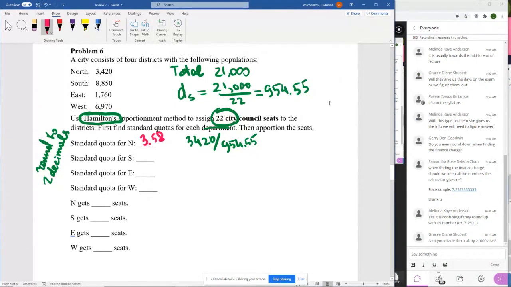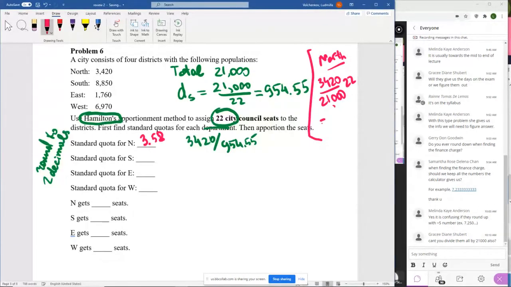If you prefer to use the Hamilton method in another way, as we have learned it in the first section, for North, for example, you can use this: 3420 divided by 21,000 and then multiply by 22.